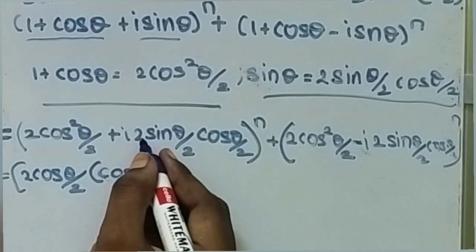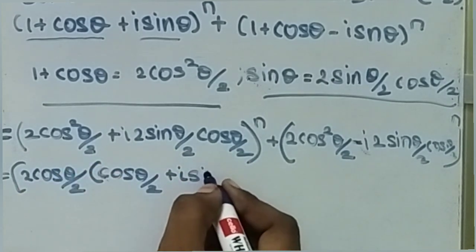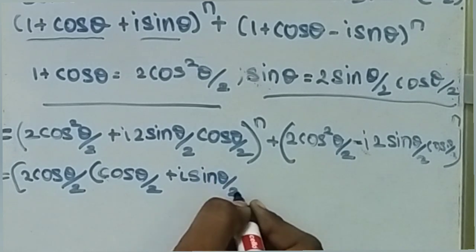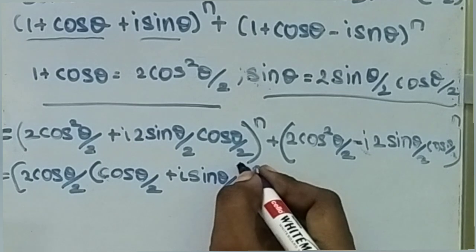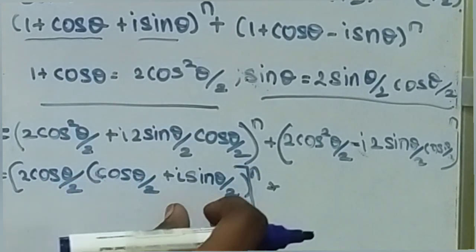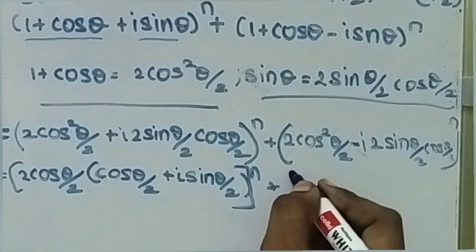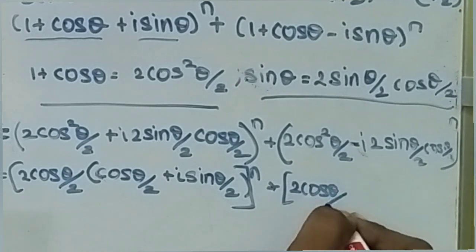So we took out 2 as common and cos theta by 2 as common, so it remains sin theta by 2, power n. Similarly, power n will be common to this term and this term, right? Similarly, I am taking 2 cos theta by 2 here as common.